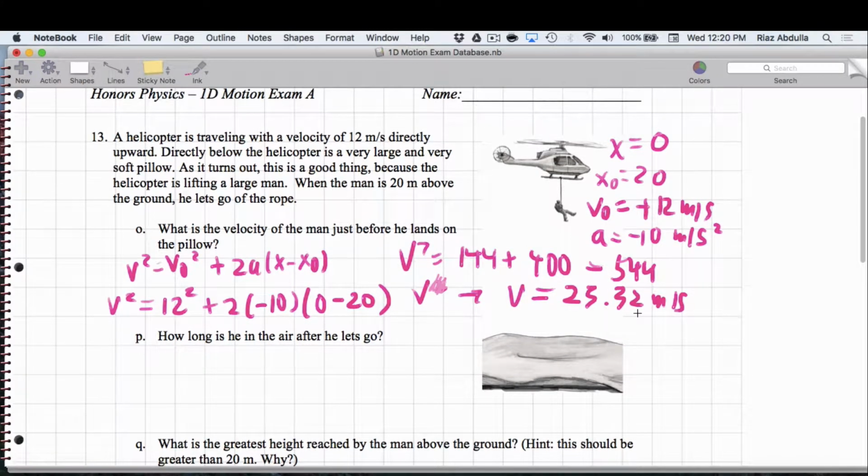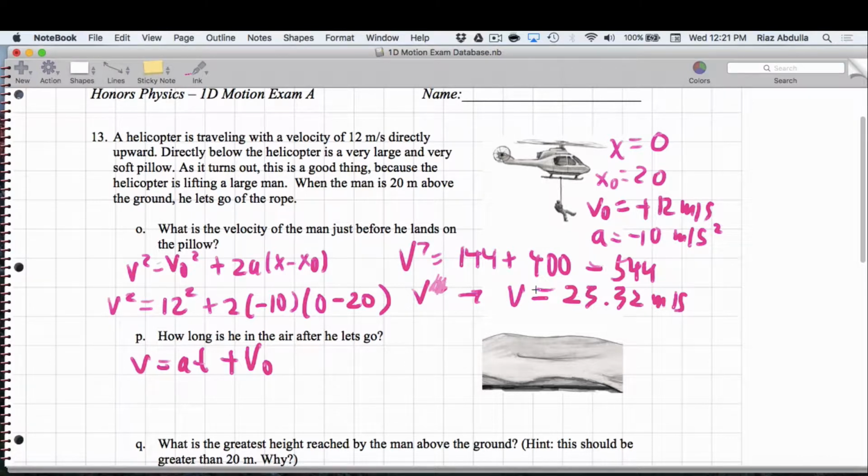How long is he in the air after he lets go? So we can actually say that v is at plus v naught. Let's be really clear here.